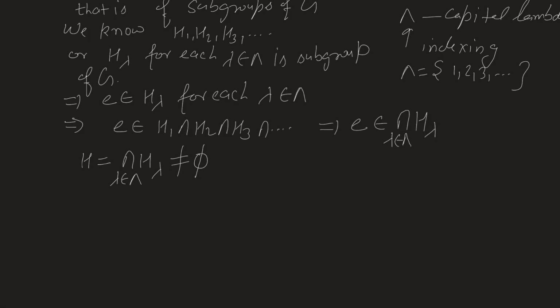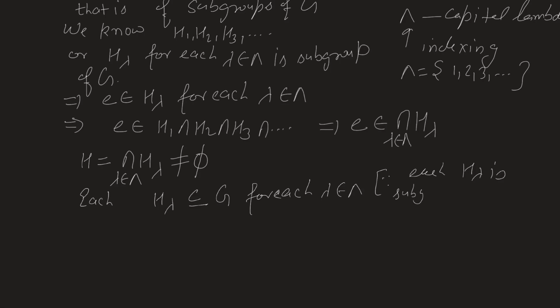Also we know that each H lambda is a subset of G, for each lambda belonging to the indexing set, because each H lambda is a subgroup of G. If it is a subgroup, therefore it will be a subset.